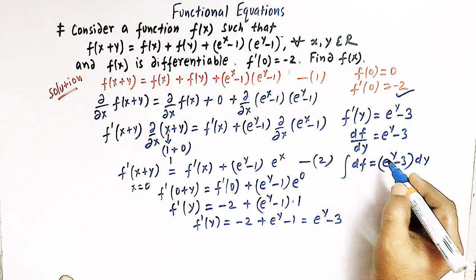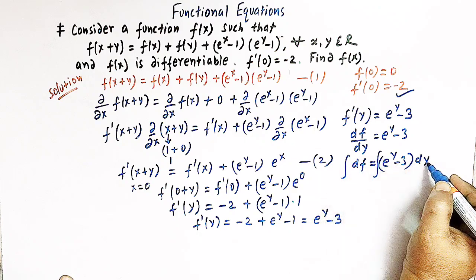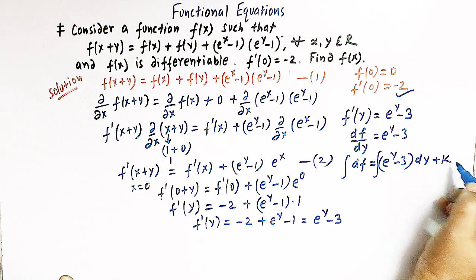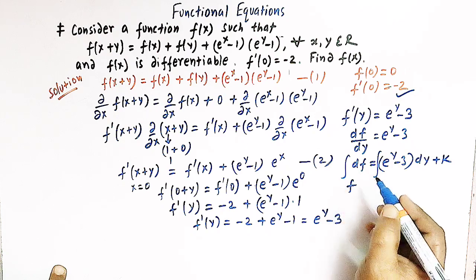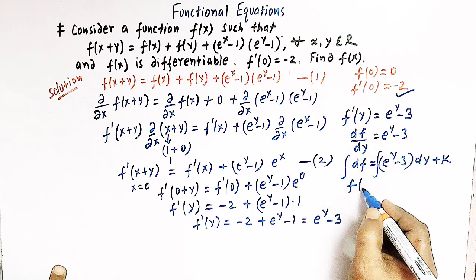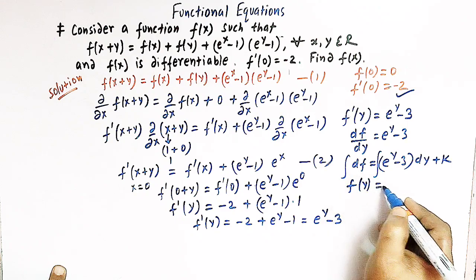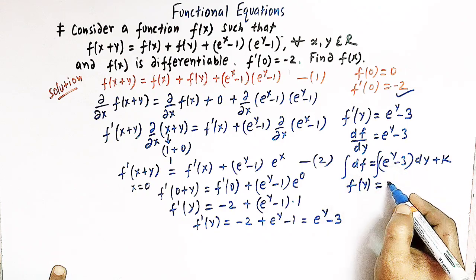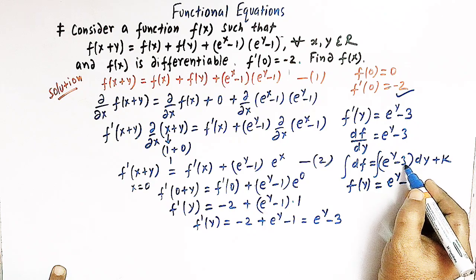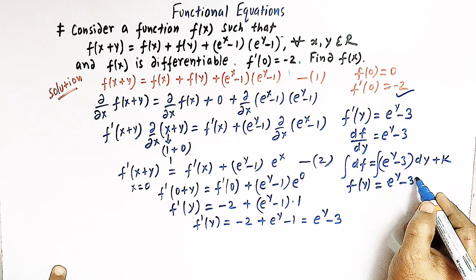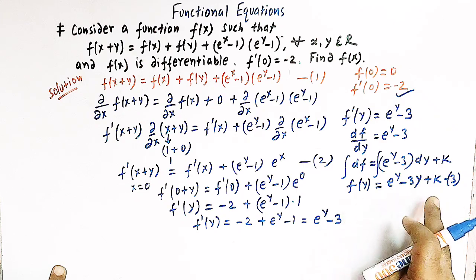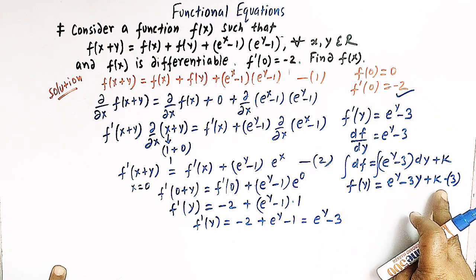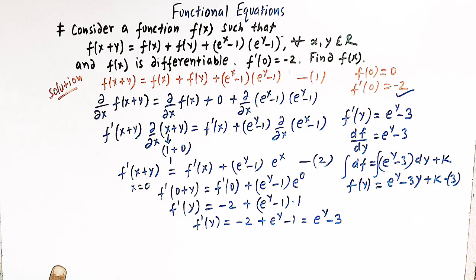Now integrating both sides with respect to y, where k is the constant of integration, the integral of df is simply f of y, the integral of e raised to y is e raised to y, and the integral of 3 dy is simply 3y. So we have f of y is equal to e raised to y minus 3y plus k, and this is our equation number 3.